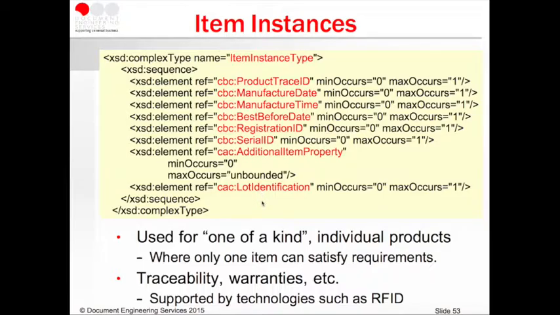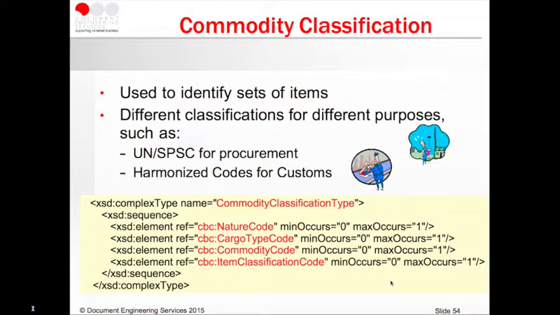So item instances become useful for individual products where only one can satisfy it. And it's supported by other technologies, this functionality of warranty or traceability. And RFID is a typical technology for tracking item instances.